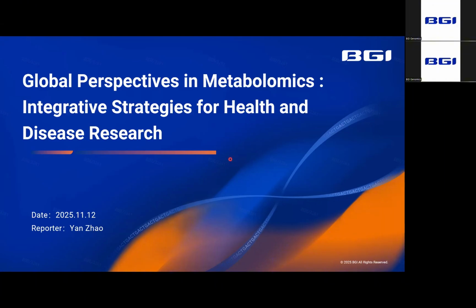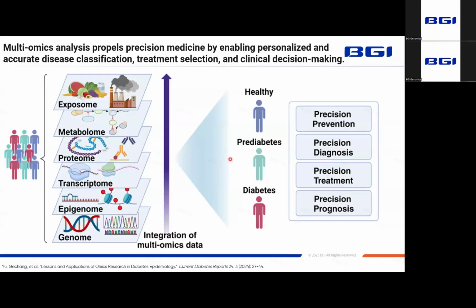So let's begin with the big picture. As we all know, the era of precision medicine depends on our ability to capture individual biological complexity. Multi-omics analysis propels precision medicine by enabling personalized and accurate disease classification, treatment selection, and clinical decision-making.